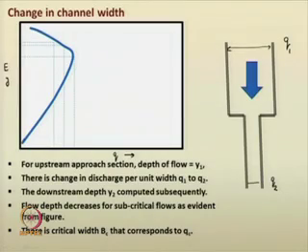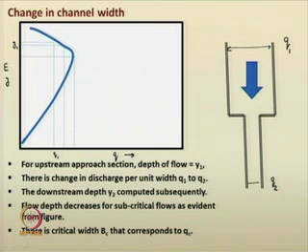From this curve you will see specific discharge q versus depth of flow. Now, for this discharge per unit width q 1 at the upstream section, let us assume that this is q 1 and the corresponding depth of flow is y 1. You can easily infer this from this particular diagram.